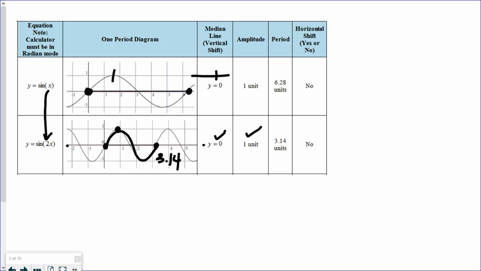Or from this maximum to this maximum, again 3.14. Or this minimum to this minimum, again 3.14 units. So what we've done is we've actually changed the value of the period. Basically, we've sped up how long it takes for the graph to repeat itself. And again, since our starting point is still on the y-axis, there is no horizontal shift.